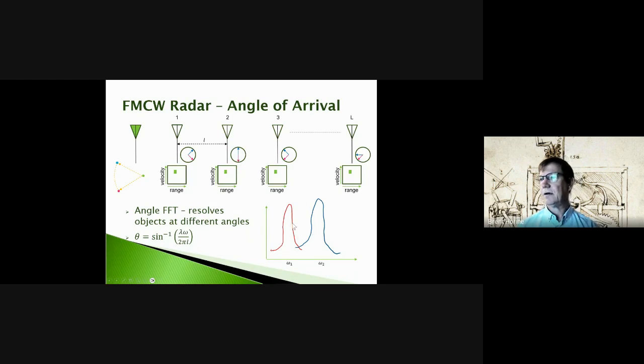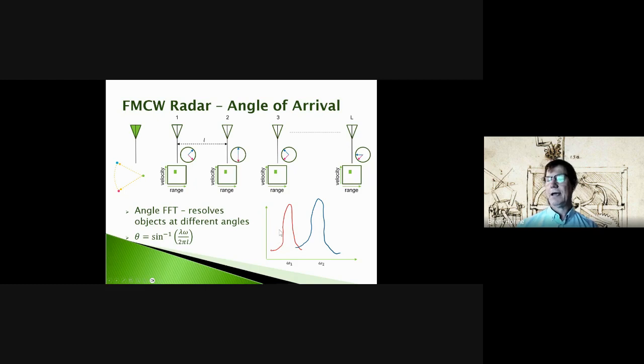Okay, horribly crude drawing, I'm sorry, but I'm not going to do much more derivation than this. You're going to see that these are going to exist at different frequencies within this angle FFT domain.